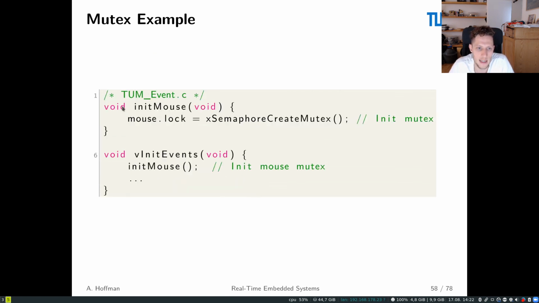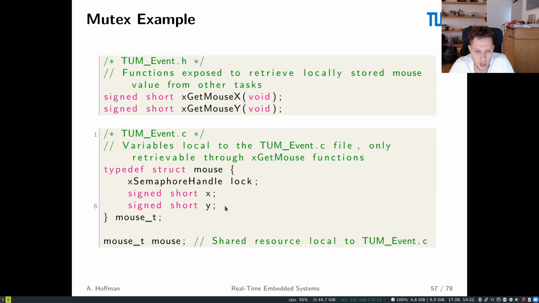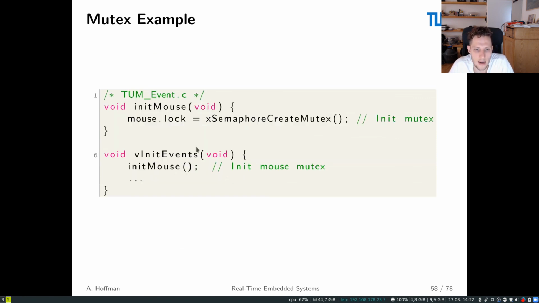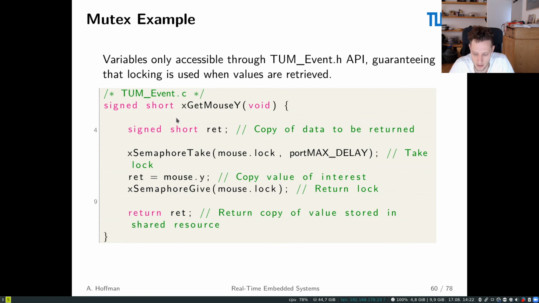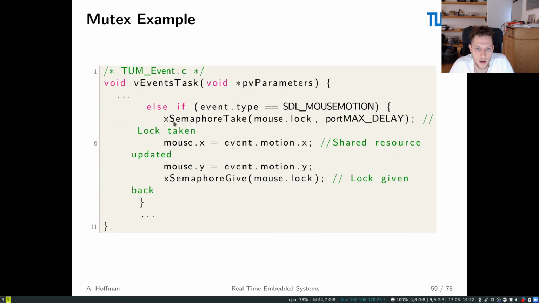And so you can see this here, and it's in init. We just use this xSemaphoreCreateMutex because in our structure, when we initially create it, this semaphore isn't initialized, so it's not actually ready to be used. And then once we want to actually, in a task, get the value, what we have to do, you can see in this line of code here, is we first call xSemaphoreTake, taking the mouse.lock.